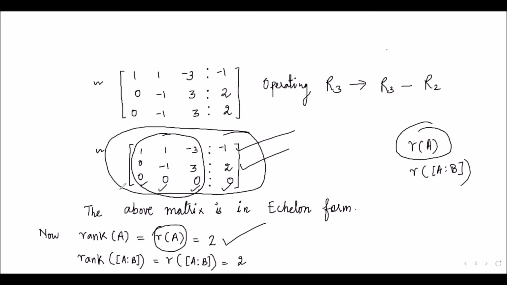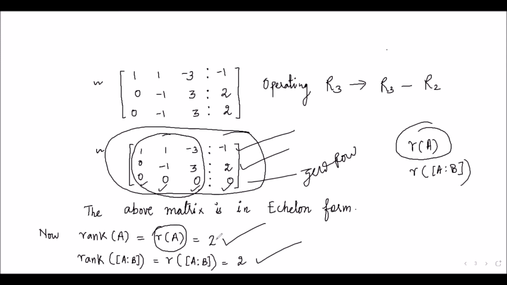All the entries are 0, so it is a 0 row. The first 2 are non-zero rows, and the last one is a 0 row. So how many non-zero rows do we have in the echelon form of the augmented matrix? Yes, we have 2 non-zero rows, and hence the rank of the augmented matrix is 2.